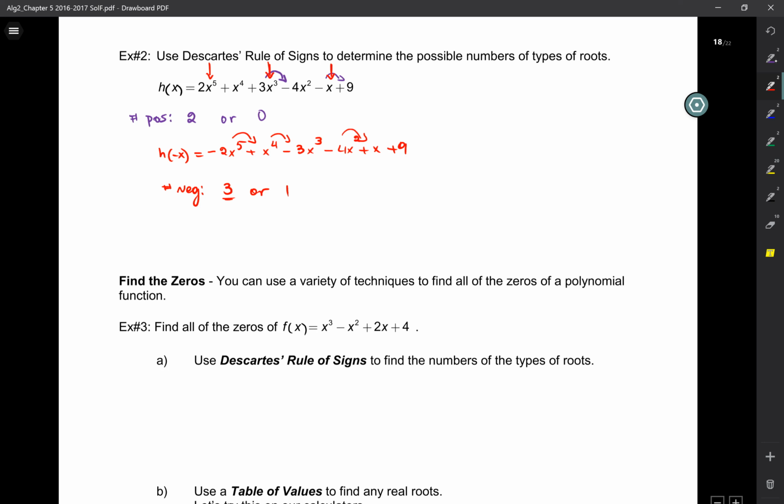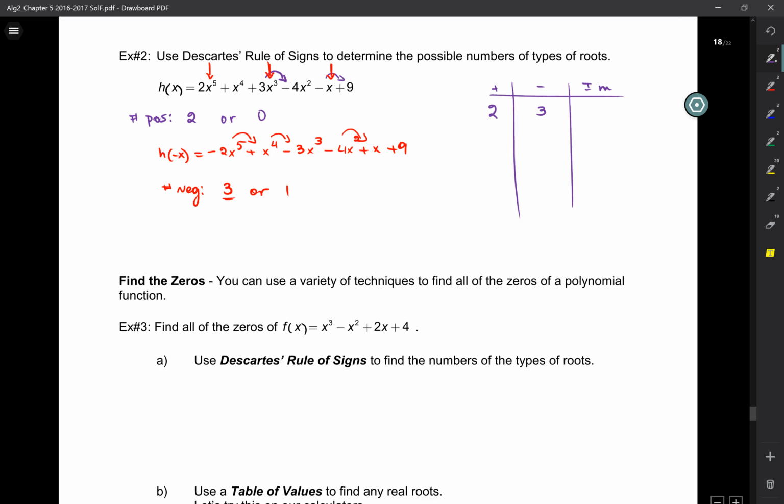So now, positive, negative, imaginary. We have to match. 2 with 3 or 2 with 1.